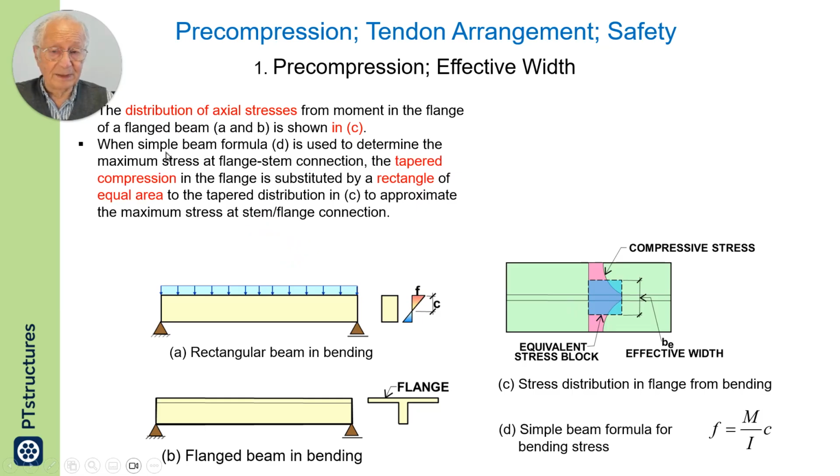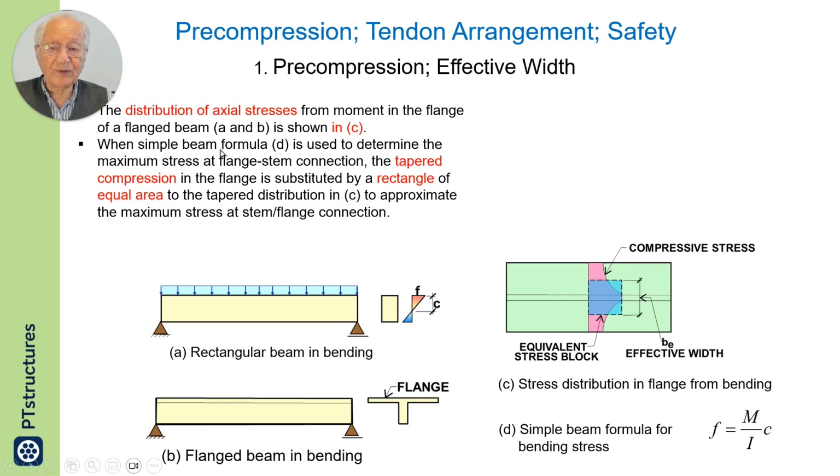When the simple beam formula shown at the bottom right is used, it says stress is equal to moment divided by moment of inertia times distance. This formula assumes that at distance c from the centroid, the stress is uniform, not tapered.